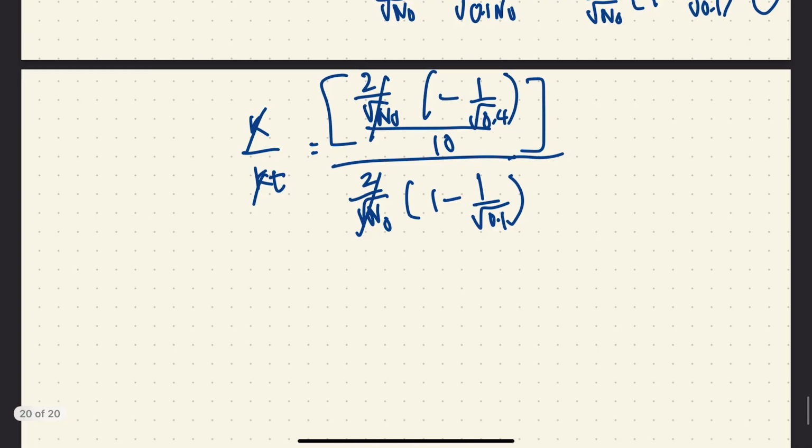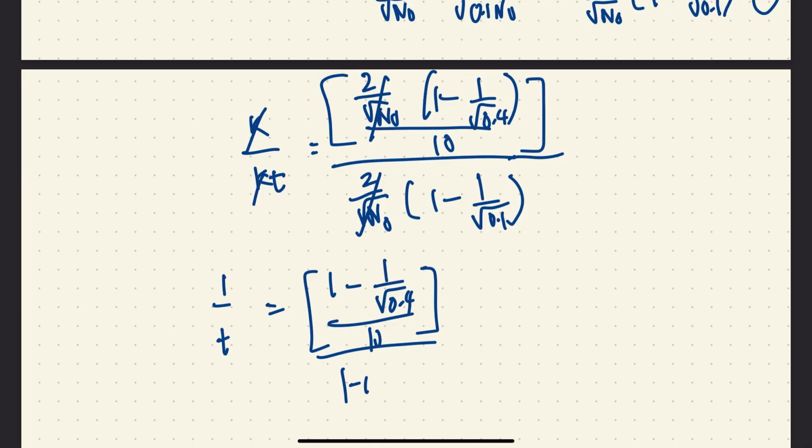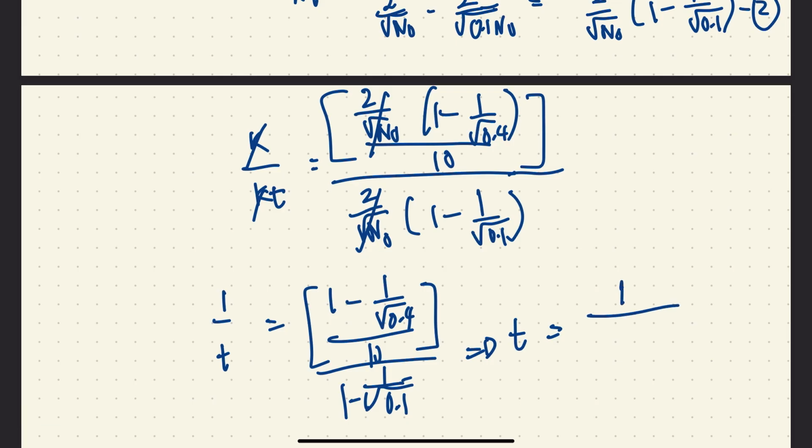For solving for time, you'll get 1 over t is equal to 1 minus 1 over square root of 0.4 all over 10, all over 1 minus 1 over square root of 0.1. Rearranging, you'll get t is equal to 1 minus 1 over square root of 0.1 all over 1 minus 1 over square root of 0.4 all over 10.